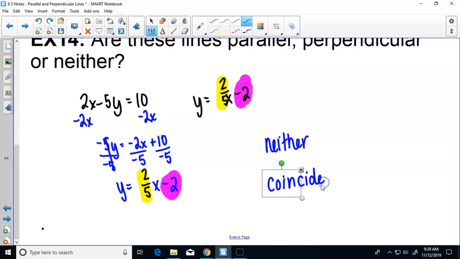Let's write it down so we know what it means. Coincide means the same line. Coincide. Okay? All right. Let's continue.